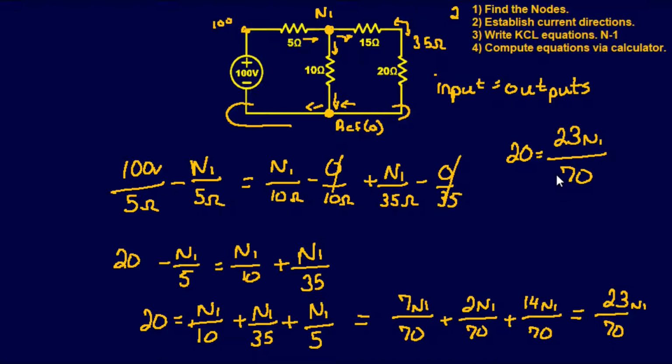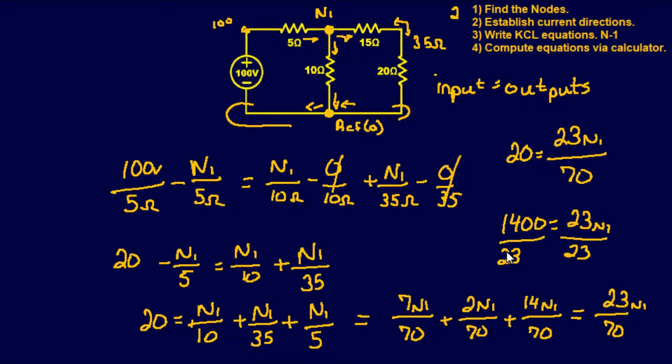Well, again, still doing basic algebra. 70 times 20 comes out to be 1,400 equals 23 N1. And then we need to divide both sides by 23.